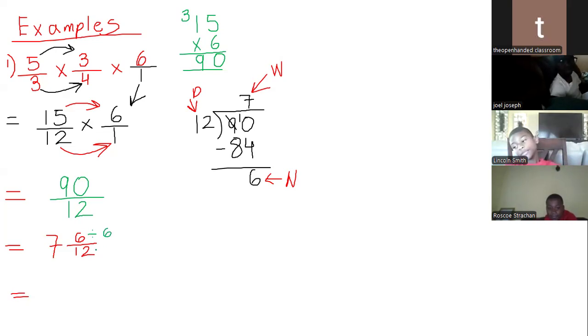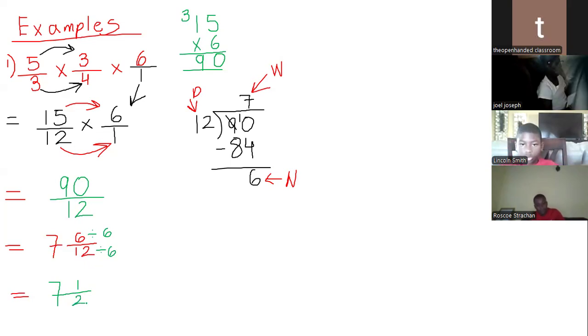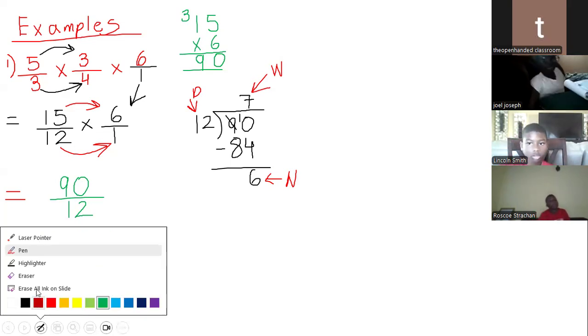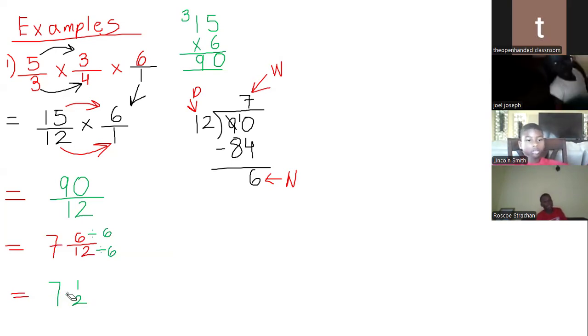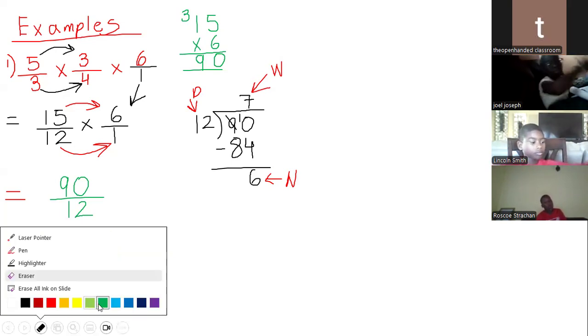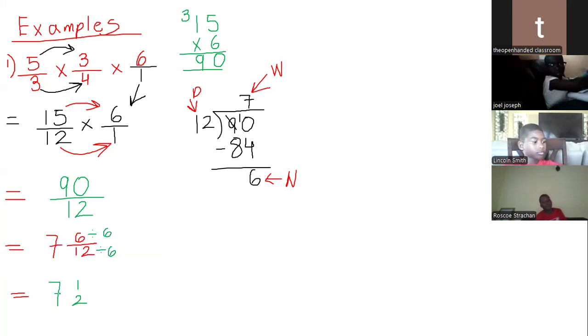So we divide top and bottom by 6. 6 divided by 6 is going to be what? 1, all over 12 divided by 6, which is what? 2. Very good. So it's going to be 7 and 1 over 2.